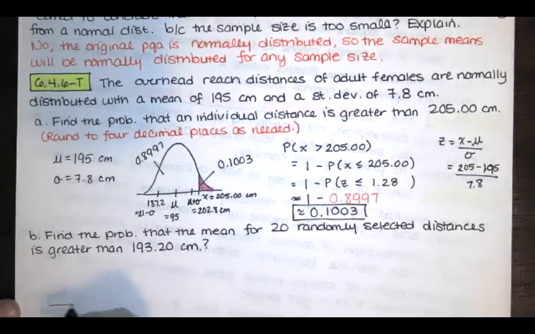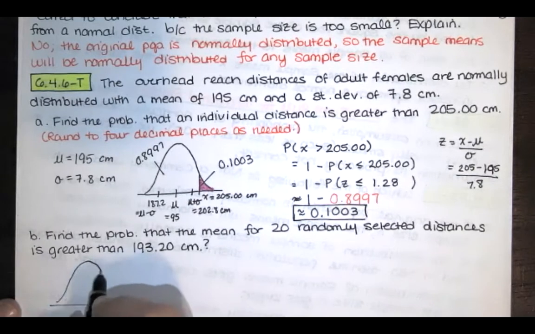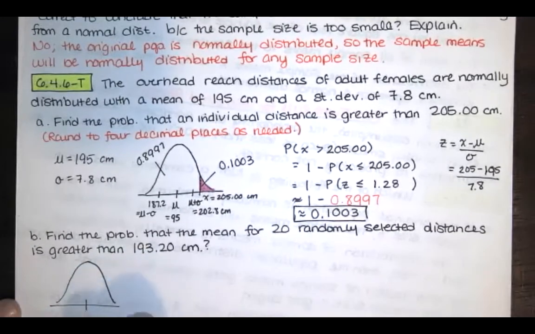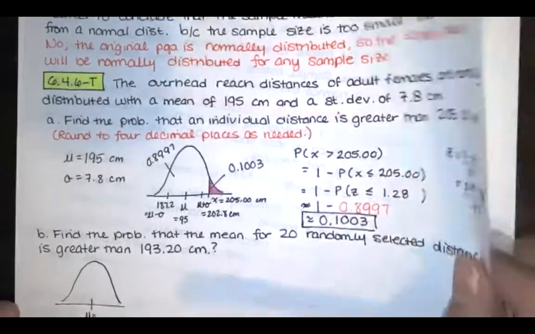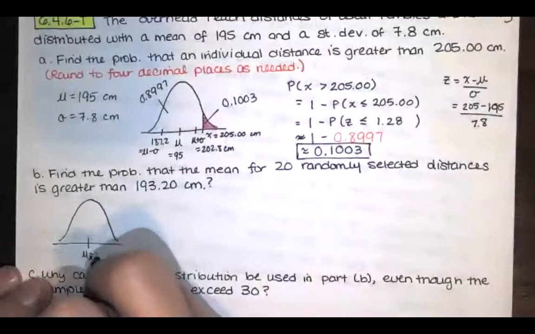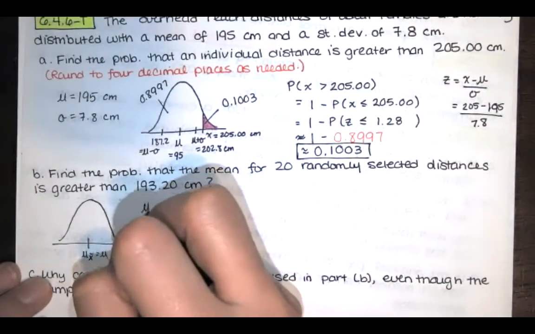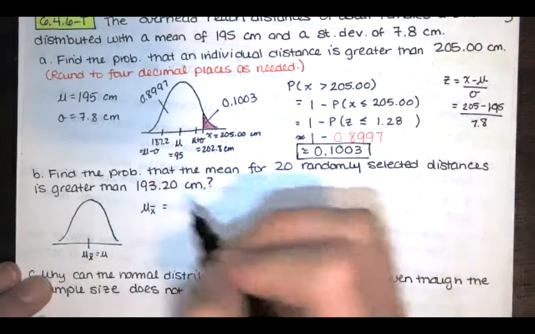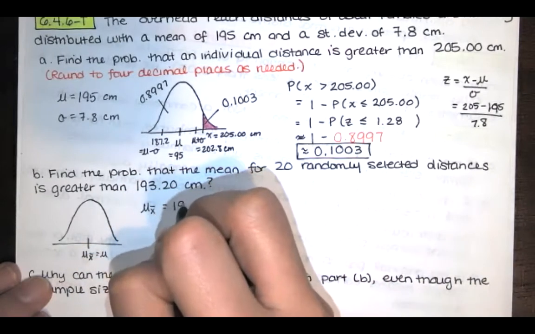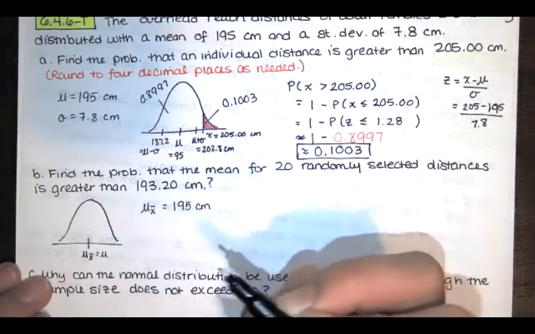So here, the mean of the sample means turns out to be exactly the same as the population mean. So the mean of the sample means is equal to 195 centimeters.